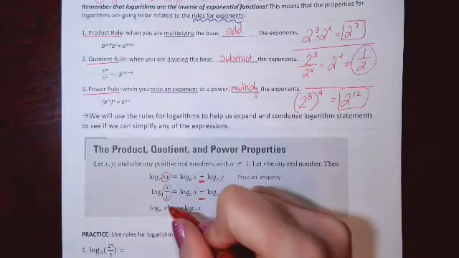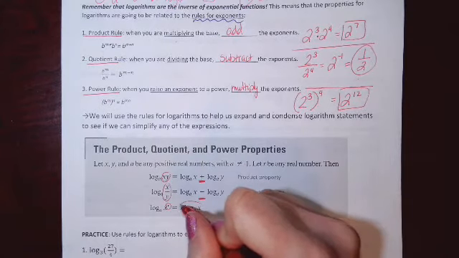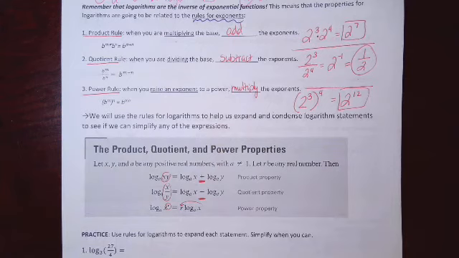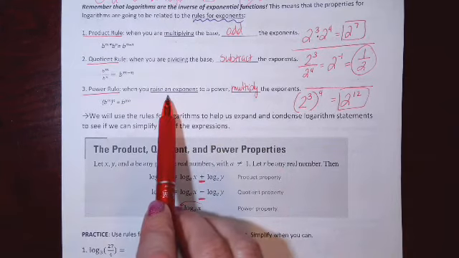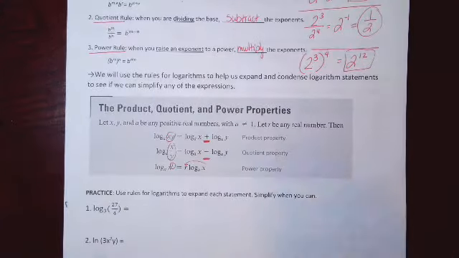If I'm raising an argument to a power, I can move that out in front and show that I'm going to multiply it times the log statement. Just like I raise an exponent to an exponent, I multiply. If I raise an argument to a power, I pull that out front and multiply. Alright, let's see how we can put these into practice.